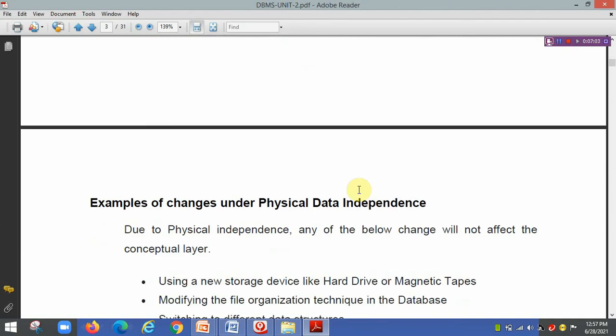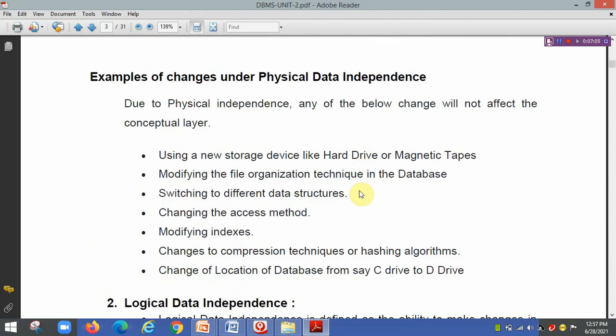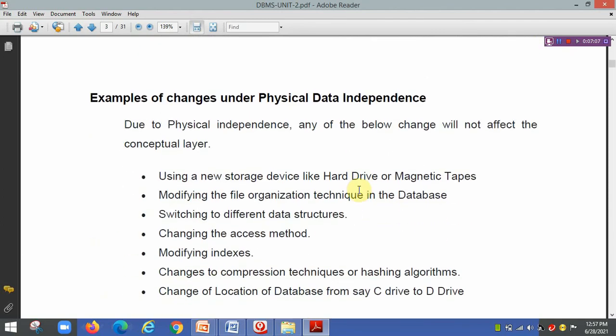Okay. Some examples of the physical data independence. Due to physical data independence, any of the below changes will not affect the conceptual layer or logical layer. What are the changes?